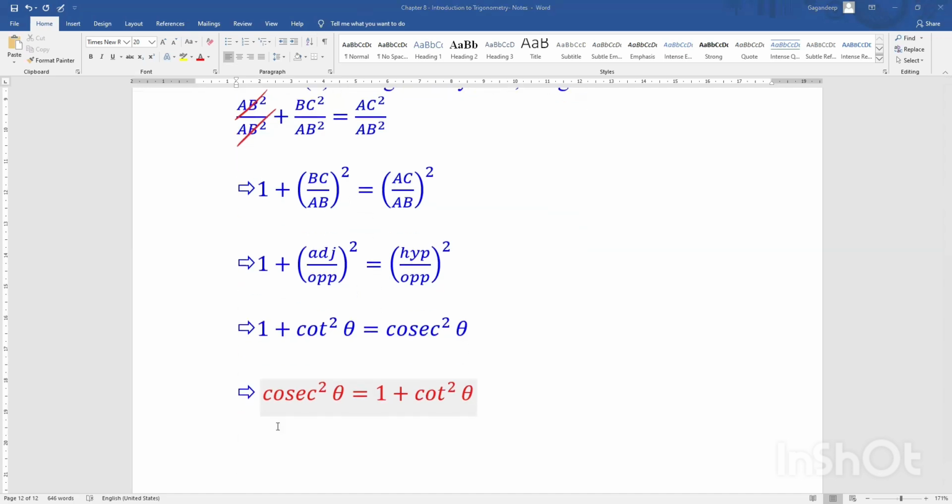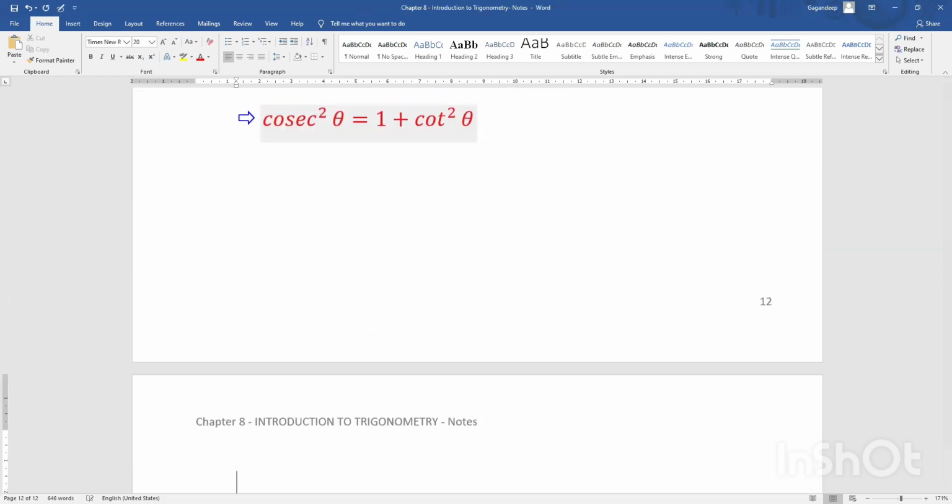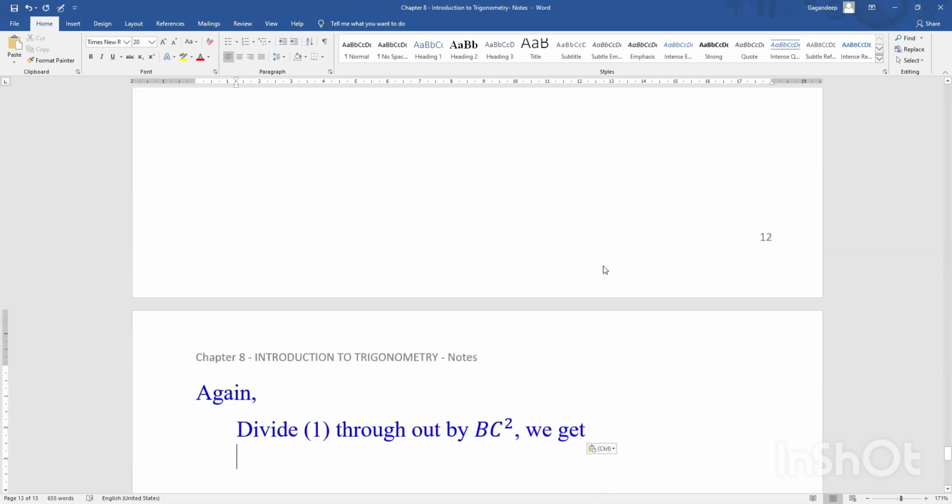Then I'm going to get another identity by dividing equation 1 by BC square. So this time I'm going to divide it by BC square. Let us see what will happen. I'm going to divide throughout by BC square.